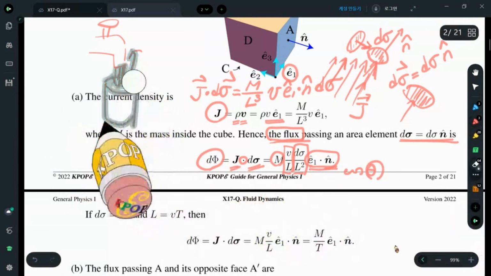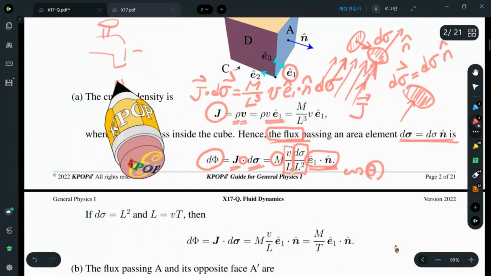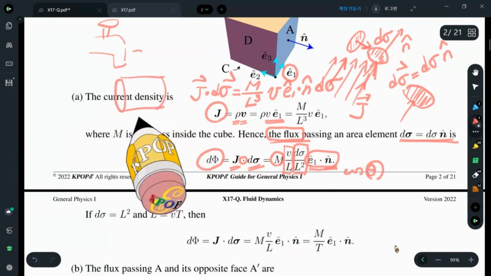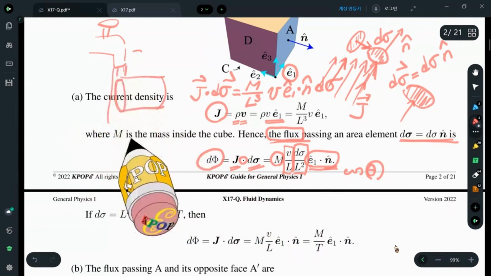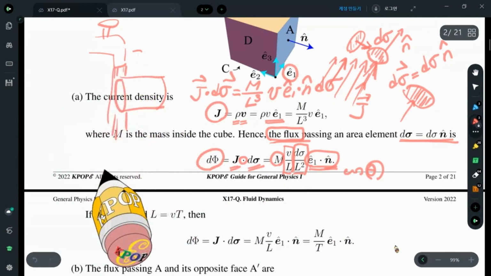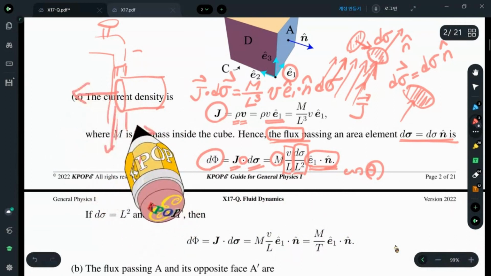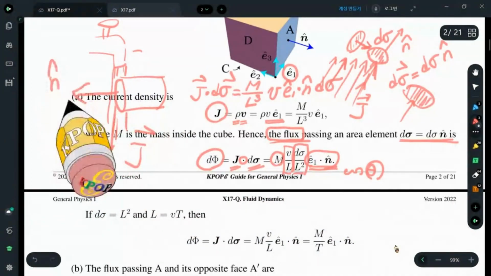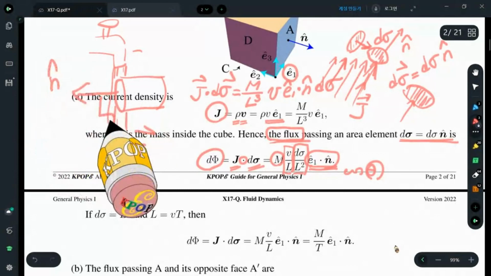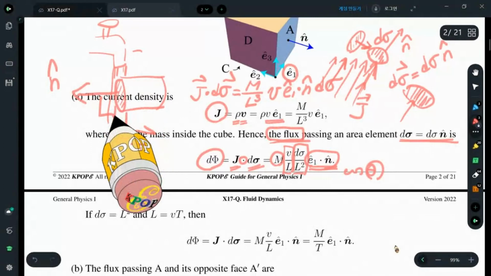Nobody puts a cup like that. In that case, you cannot collect any water, because this current density J is perpendicular to the normal vector of the cross-sectional area.